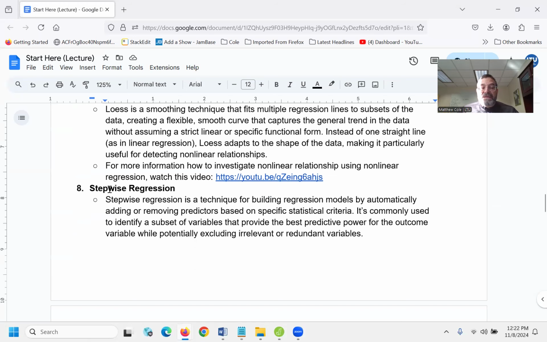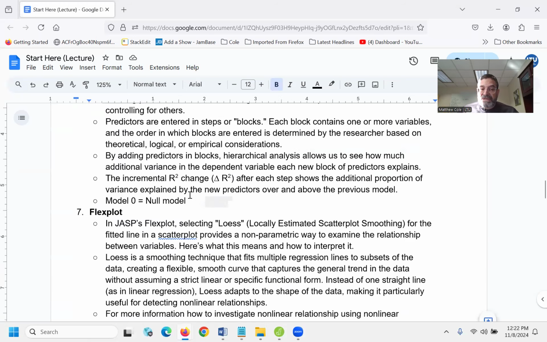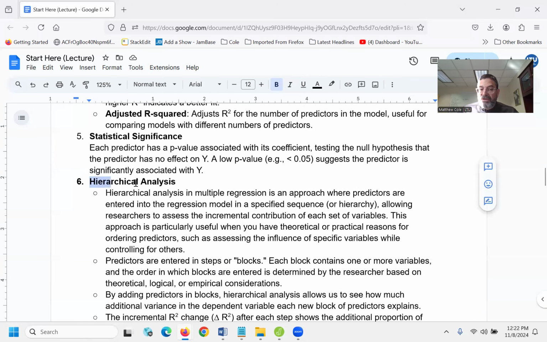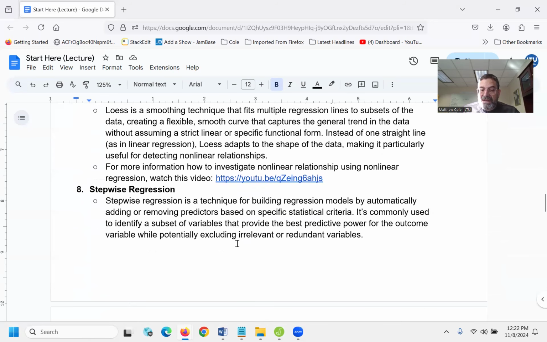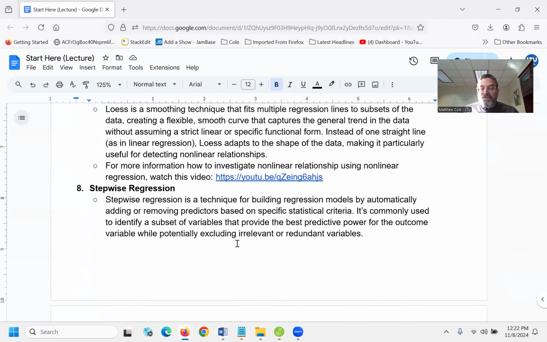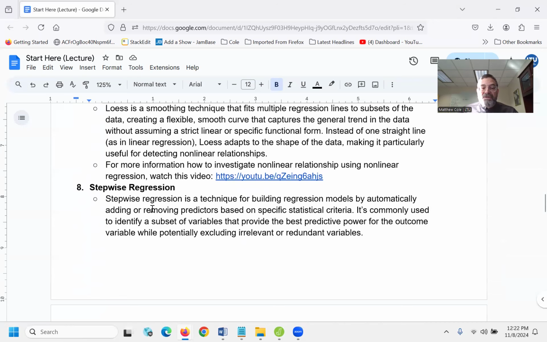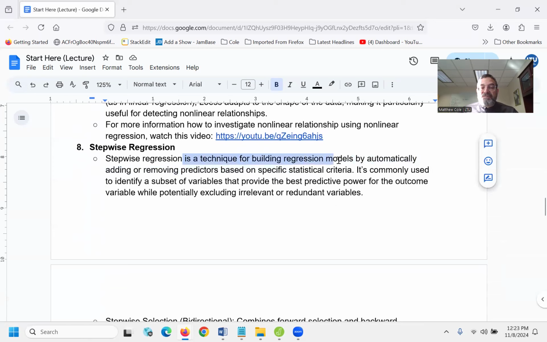And then finally, leveraging basically the concept behind hierarchical analysis, but doing it in a way that asks JASP or R to decide what order multiple predictors should be entered into the analysis to best optimize the model, we can use a technique called stepwise regression. It's a technique for building regression models by automatically adding or removing predictors based on specific statistical criteria.